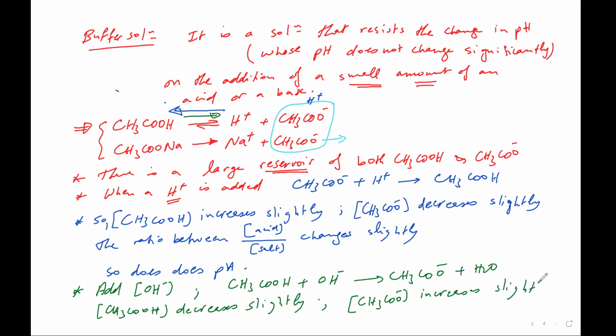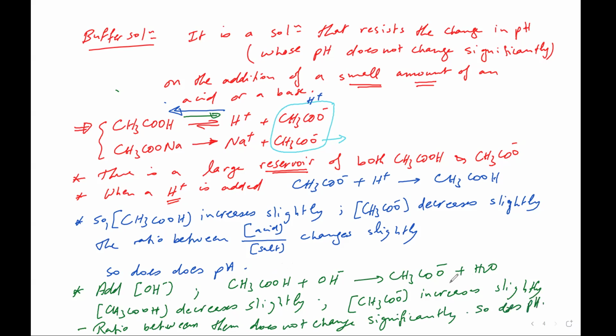So we repeat what we said, that the ratio between them slightly changes, or does not change significantly. Either you say slightly change or does not change significantly. So the ratio between them does not change significantly, so does the pH. It means that the pH also will not change significantly.